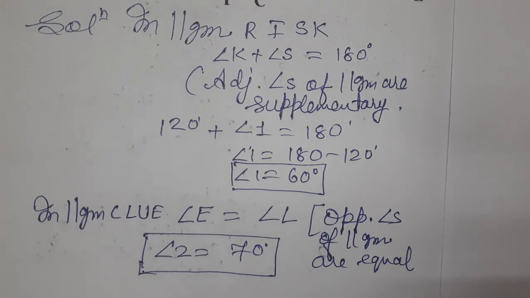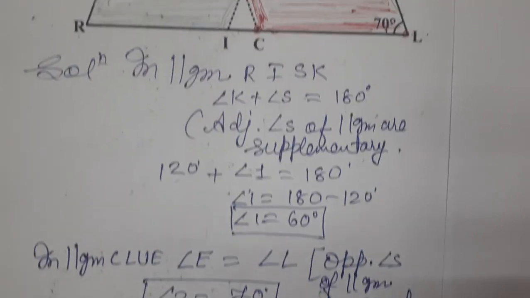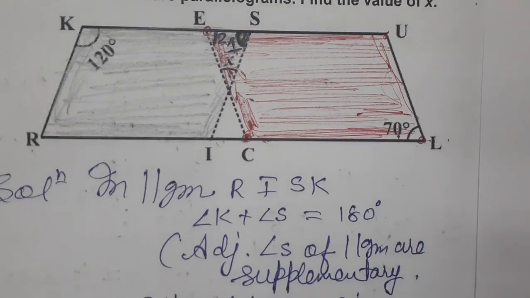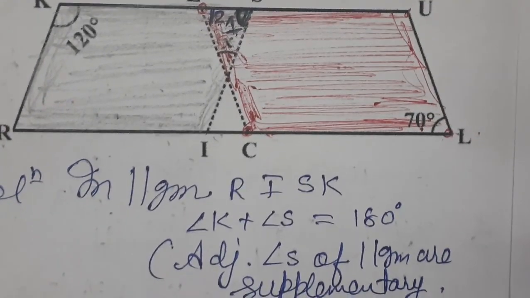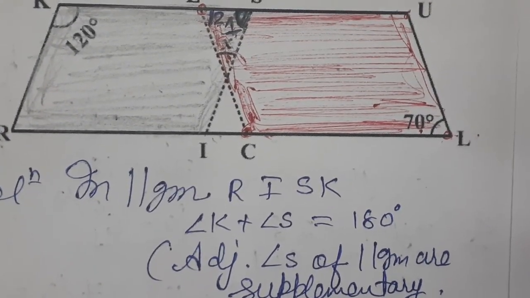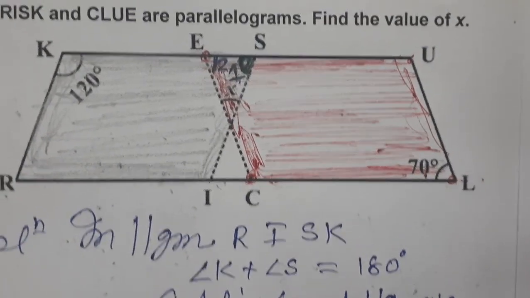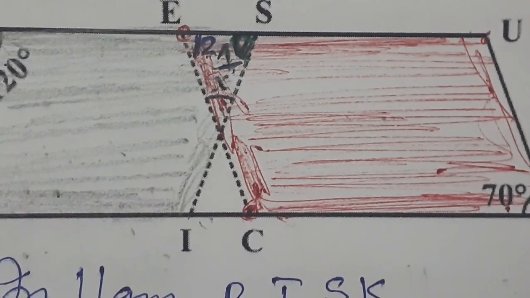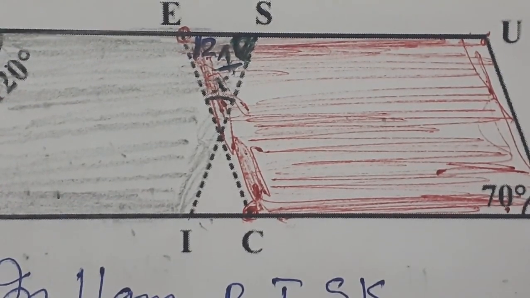Now children, see the figure once again. We have found two angles, 1 and 2. This is our figure. Let us zoom it so that you can see it easily. Now I am giving one name, children.